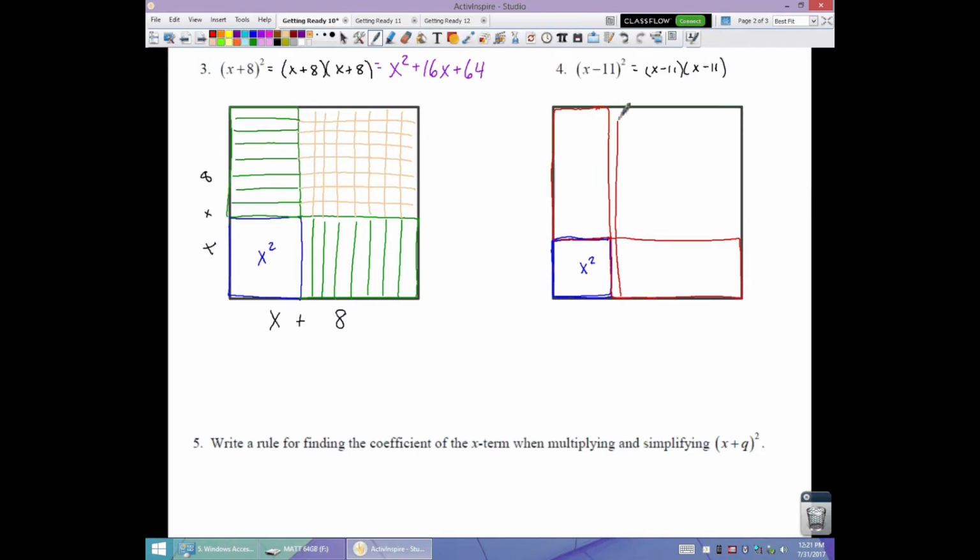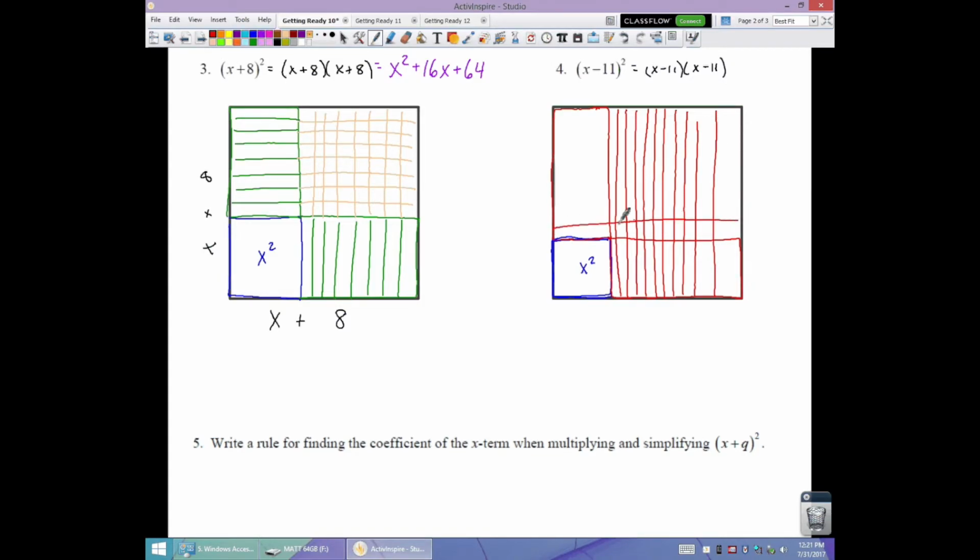So 1, 2, 3, 4, 5, 6, 7, 8, 9, and these two will have to be fat, 10, 11.